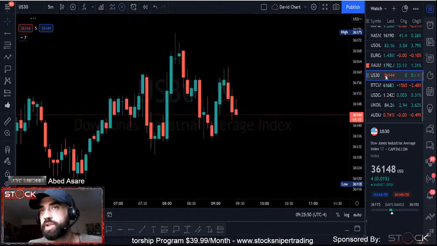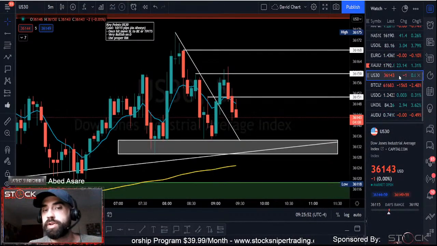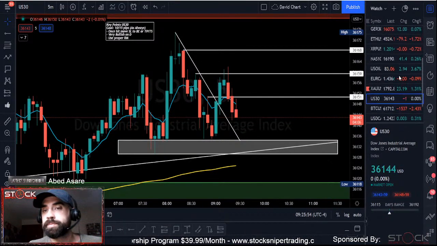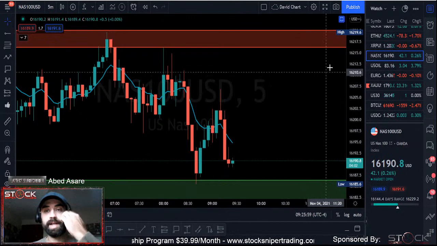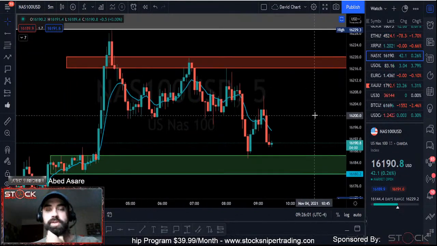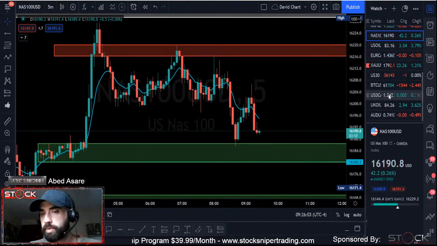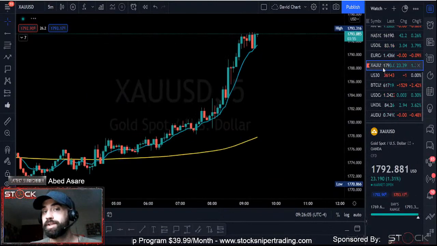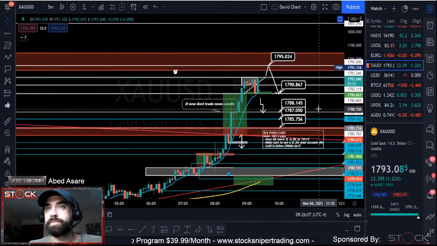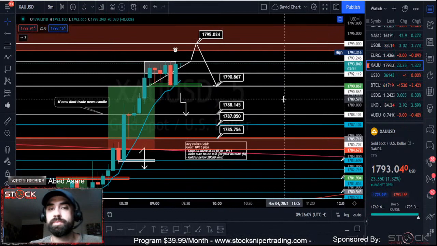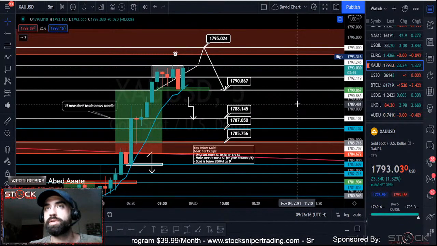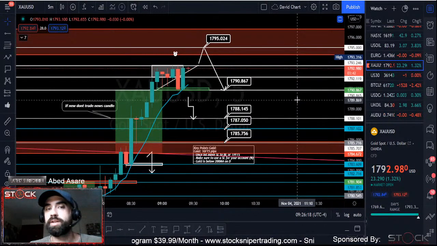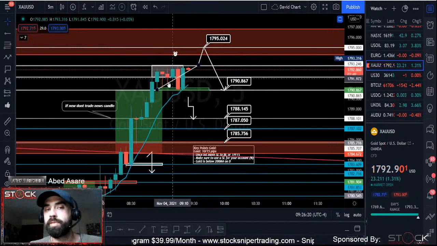Guys, what do you want to trade? Do you want to trade Nasdaq or do you want to trade US30? Okay, what do you want to trade? Look at Nasdaq, look at US30. Two different options. I'm not trading gold through it. I will take a look at it really quickly, but then we're going to make the decision. Okay, I'm watching right now, guys. You can see that gold is still holding above that 5-minute uptrend.